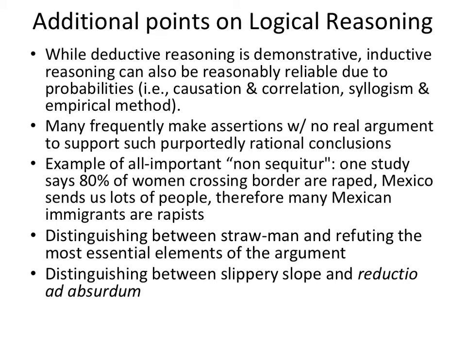It does not follow. What are some other possibilities? If 80% of the women crossing, let's grant the truth of the premises, 80% of the women crossing the border are raped, and there are lots of people coming from Mexico, what are the conclusions that you could draw from that? Other than many Mexican immigrants are rapists.